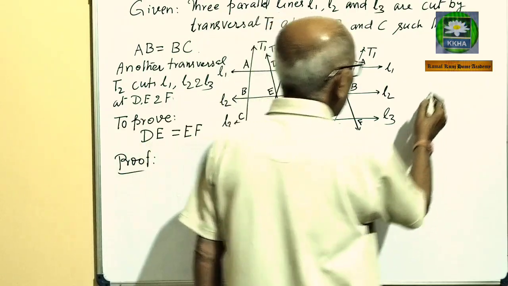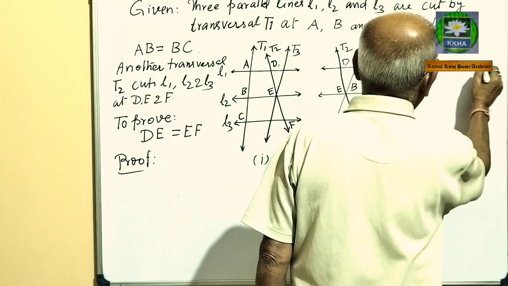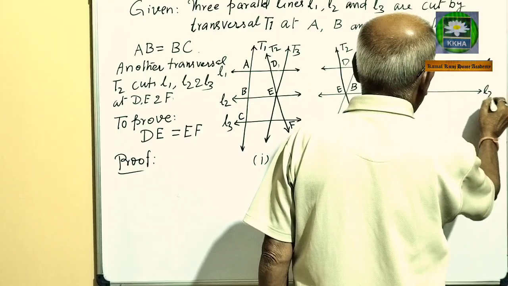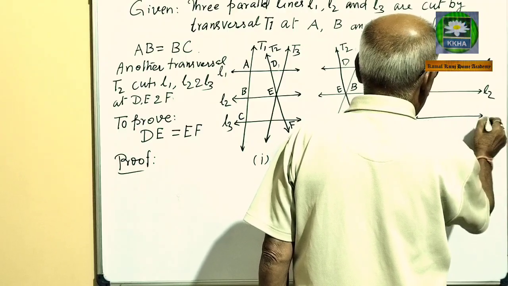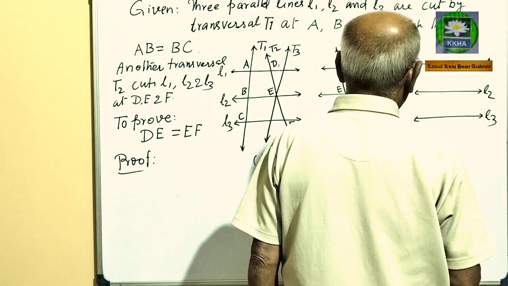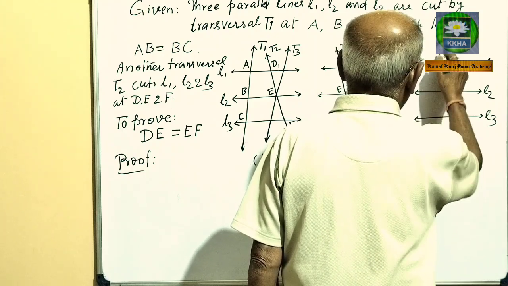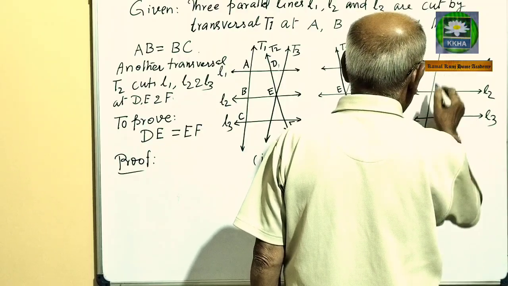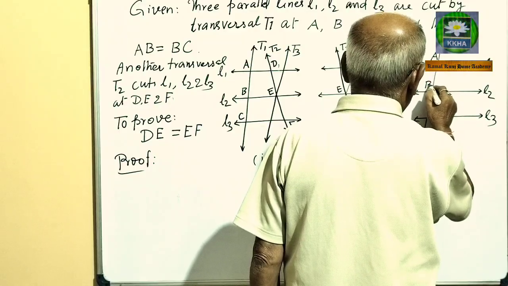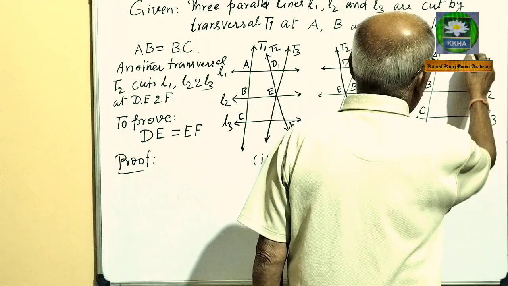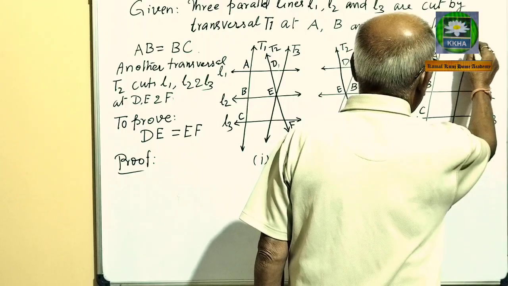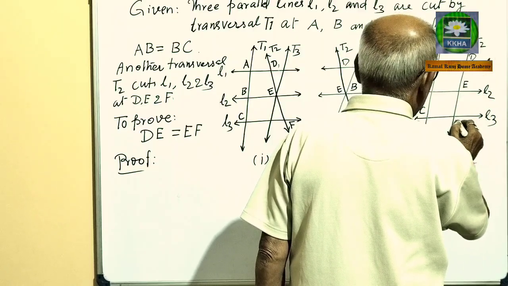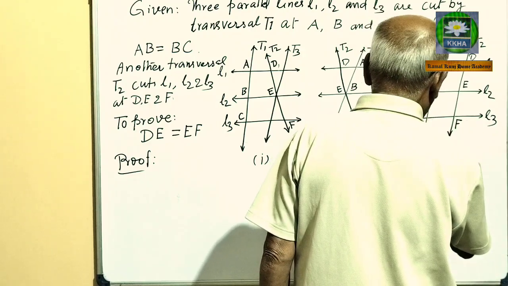Second, L1, L2 and L3, T1 with A, B and C and T2 with D, E and F. This is the third possibility.